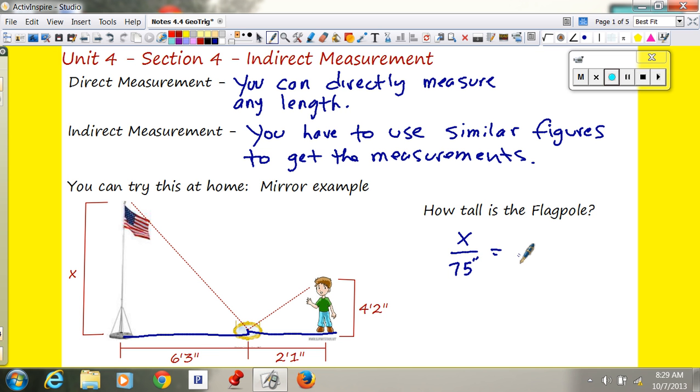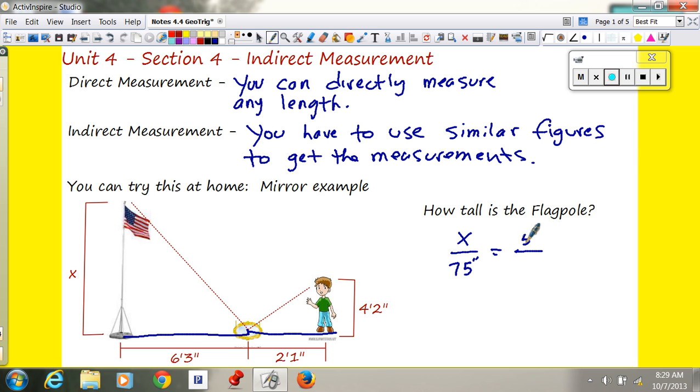So what she used was the long leg over the bottom leg in the big triangle. If I'm going to stay consistent, then what do I need to use in my little triangle? It's got to be this side right here over this side right here. It's got to use my back leg over my bottom leg. So how much is 4 feet 2 inches? 48 is 4 feet, so 50 inches.